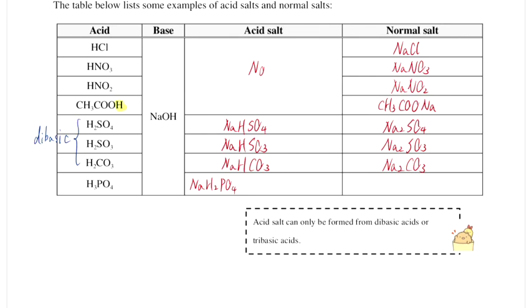Okay, and then we can further replace one of the ionizable hydrogens with another sodium, and then it will form this compound. It's called sodium hydrogen phosphate. And then if we further replace the last ionizable hydrogen, then we should form sodium phosphate.